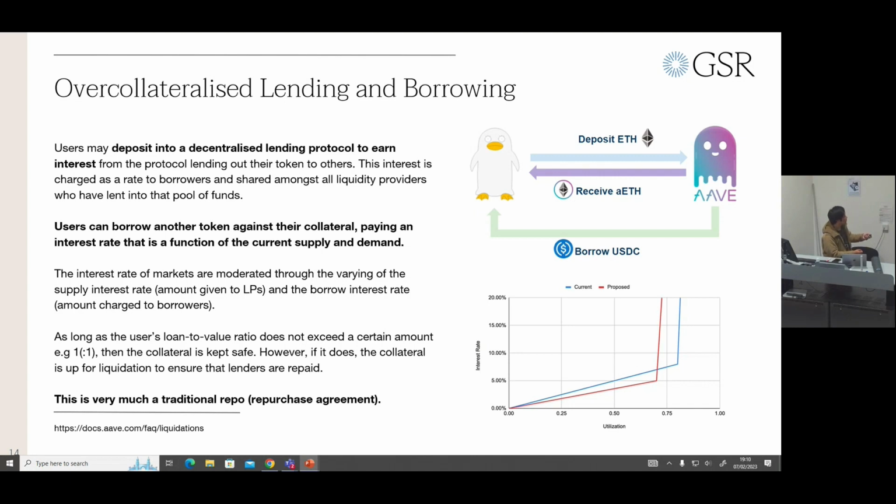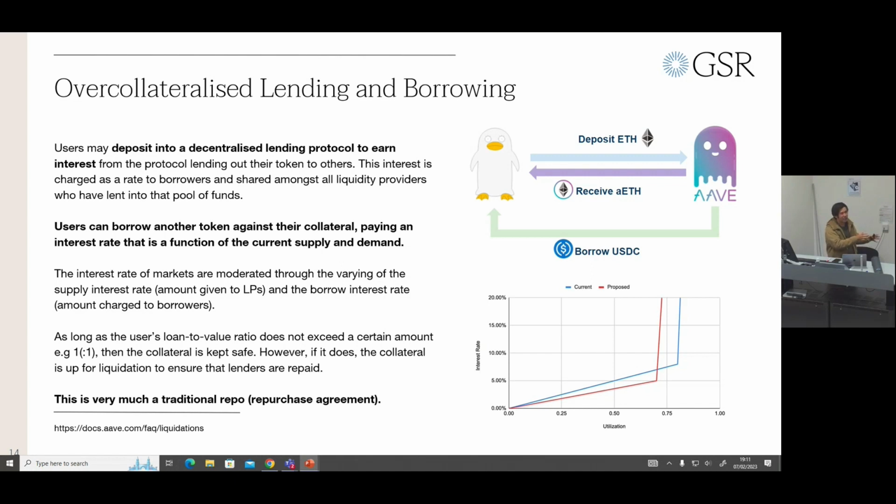So when it comes to how this system keeps itself healthy, especially making sure that all these different lenders putting their money into lending protocols are protected, it's actually through this over-collateralization method that I mentioned earlier.